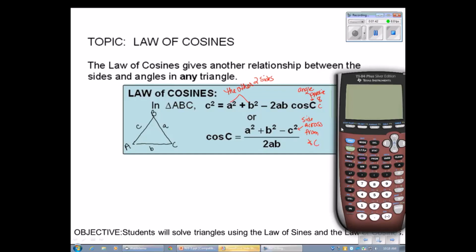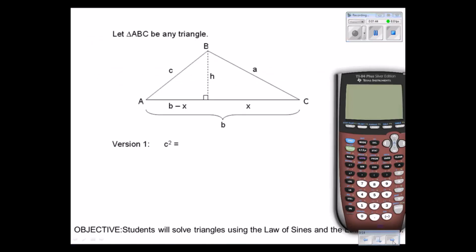Let me start by showing you where the law of cosines comes from. So we have a triangle, all the pieces are labeled, and what I first want you to do is just notice this left right triangle.